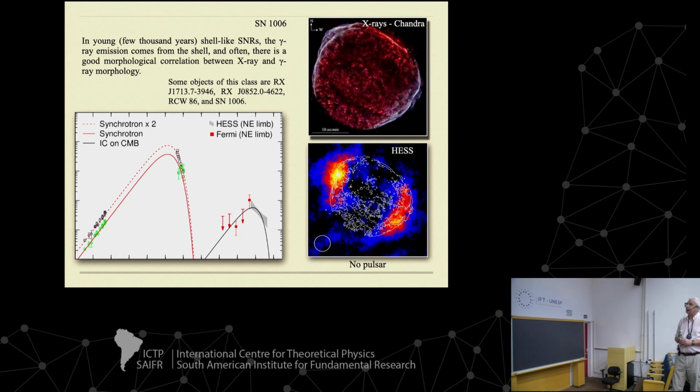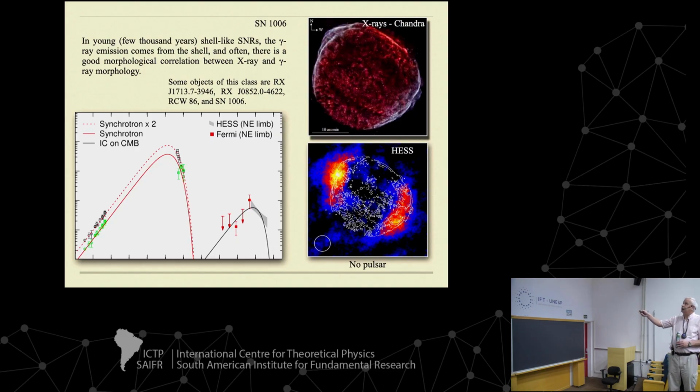So those very same electrons can upscatter CMB photons producing gamma rays. And actually we observe the gamma rays. This is the H.E.S.S. map superposed with the Chandra map, precisely where the most energetic electrons are located.